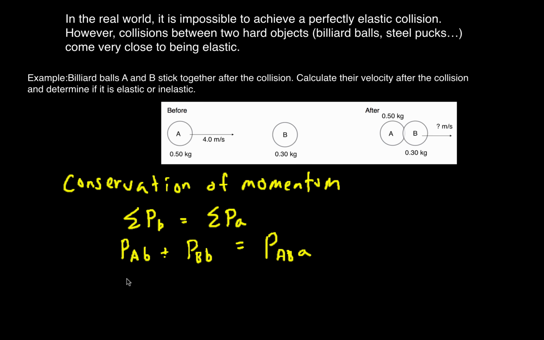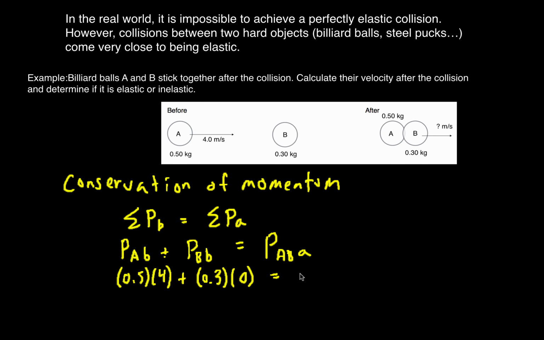Since momentum is mass times velocity, momentum of ball A before the collision is its mass times its velocity, plus momentum of ball B, and since ball B is not moving, its velocity is 0, so its momentum is 0 before the collision.